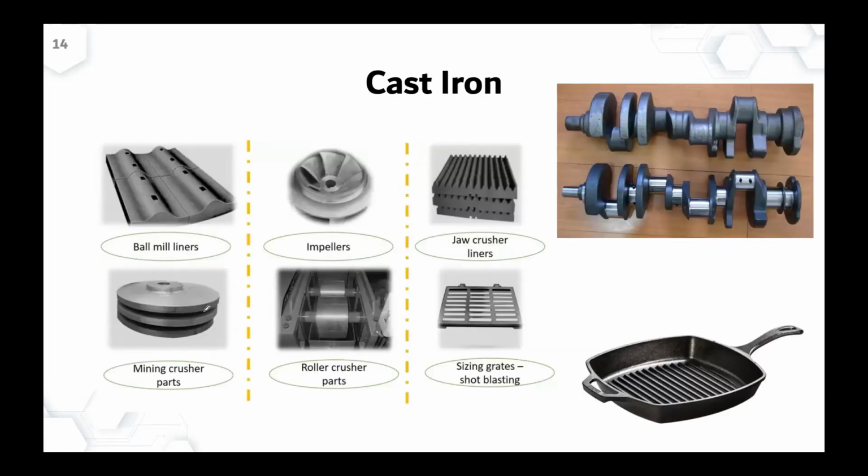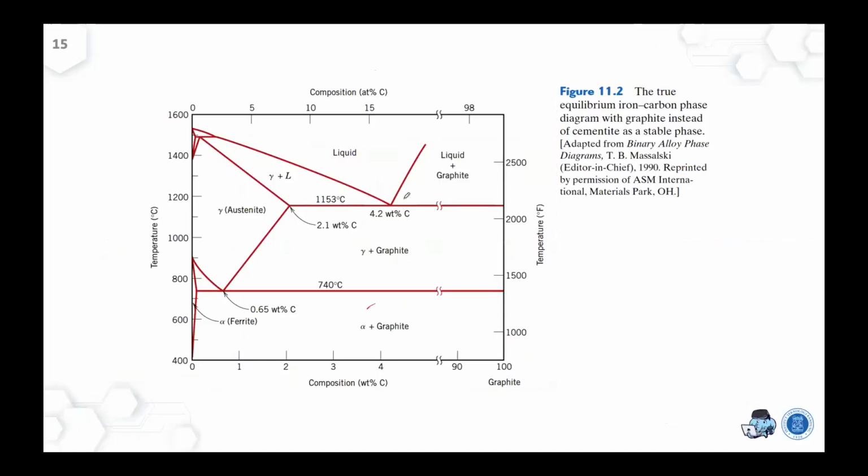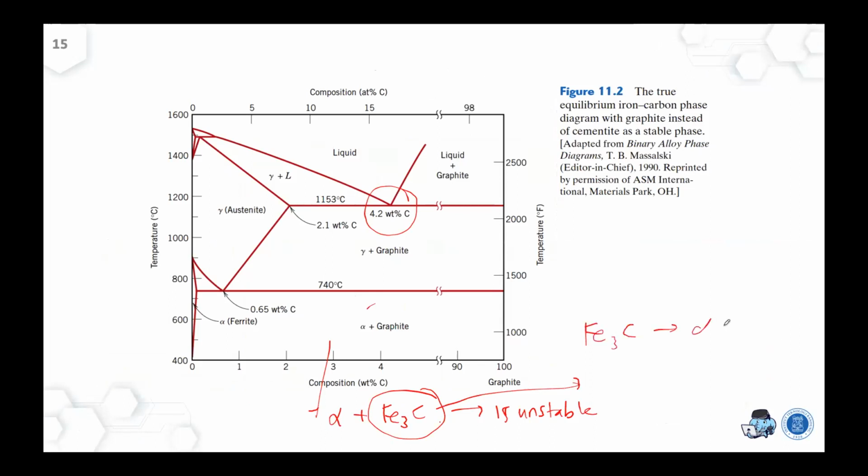Okay, so cast iron lies around here, and even though we know that this is alpha and cementite, the cementite is unstable. So at higher carbon, usually the cementite will change into alpha iron plus carbon.